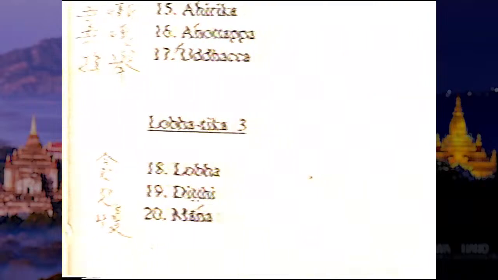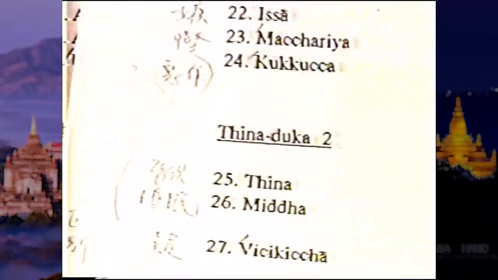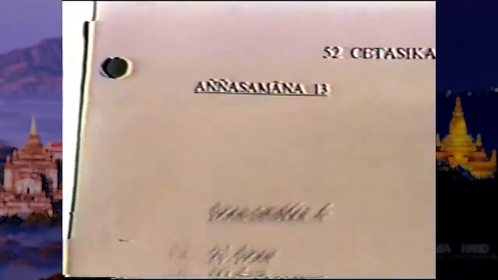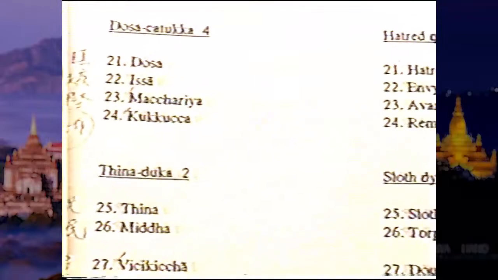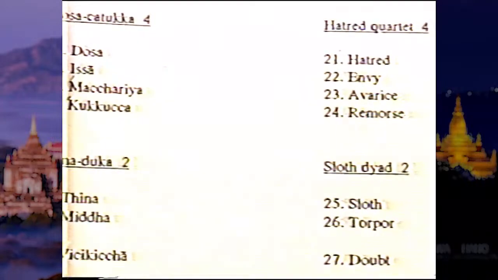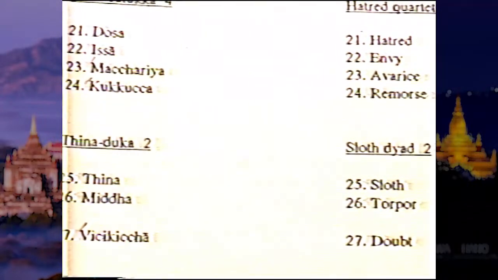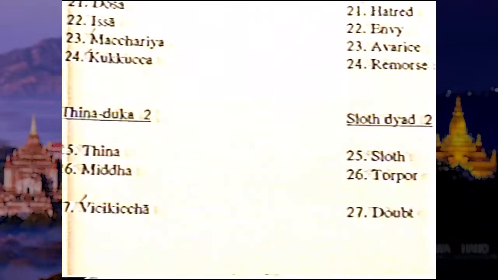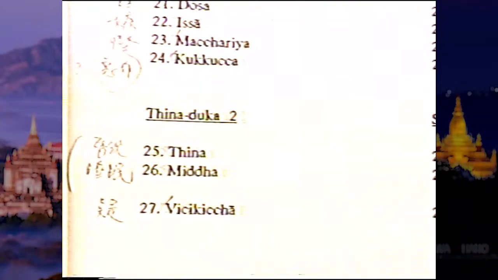And then a group of 4 beginning with hatred: dosa, hatred, issa, envy, macchariya, avarice, and kukkucca, remorse. And then sloth diet, that is 2 beginning with sloth, thina, sloth, and middha, torpor. And then the last one, vicikiccha, or doubt.